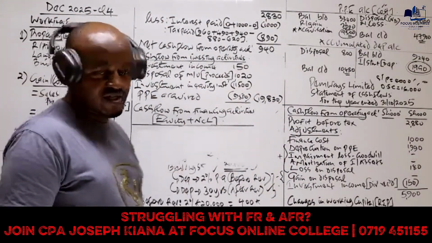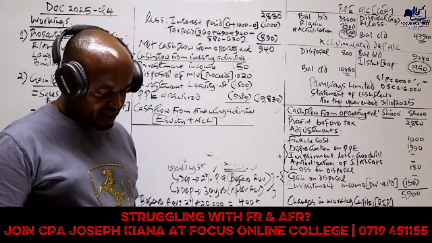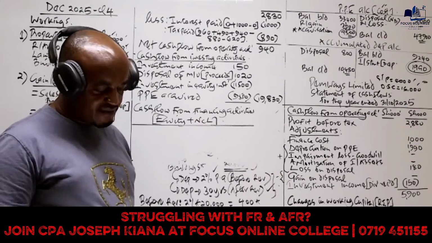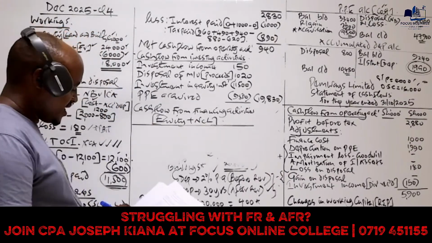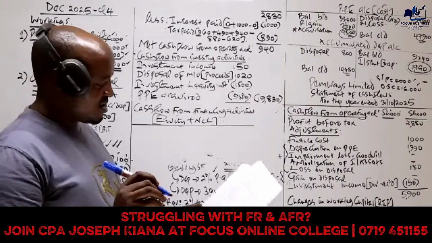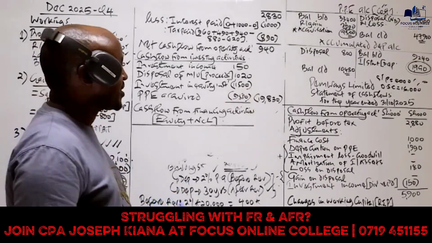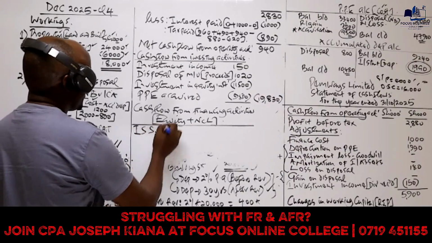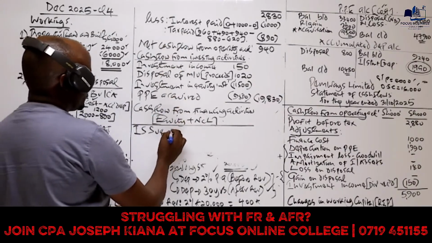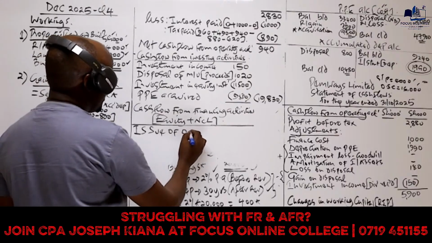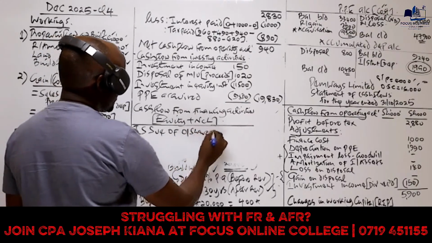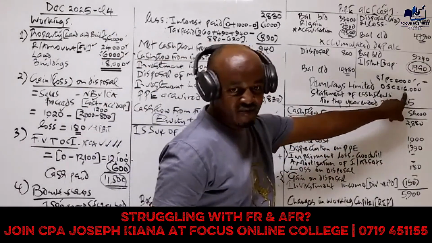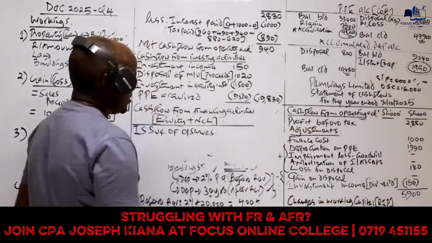So we start with the equity section. At the equity, the first two items, we have done some workings for: ordinary share capital and share premium. What we consider here are the shares which were issued for cash and the share premium which was received in cash. We have already computed that from the share capital and share premium accounts. So we say there was an issue of ordinary shares, and we consider the shares issued for cash, from our share capital account, 16,000.